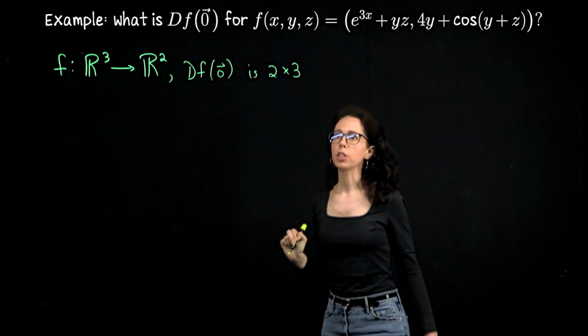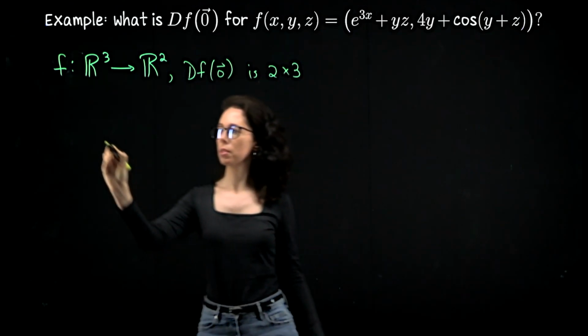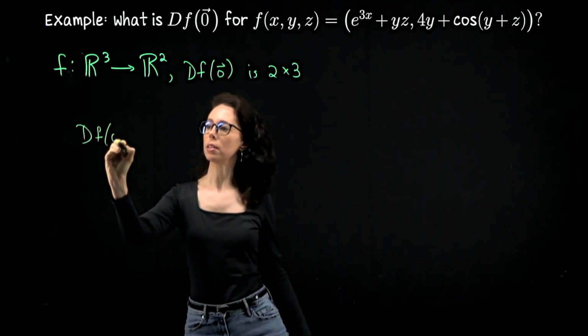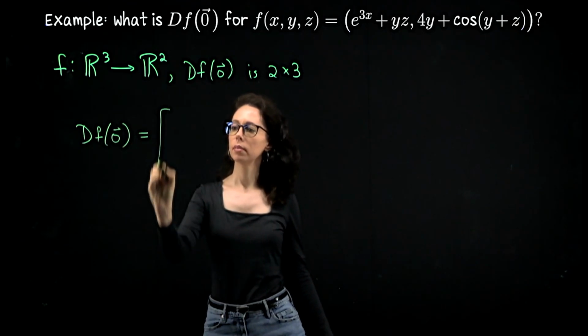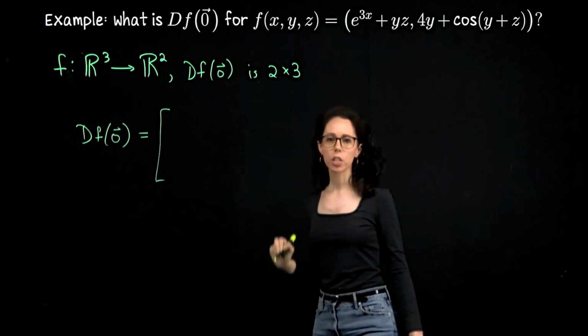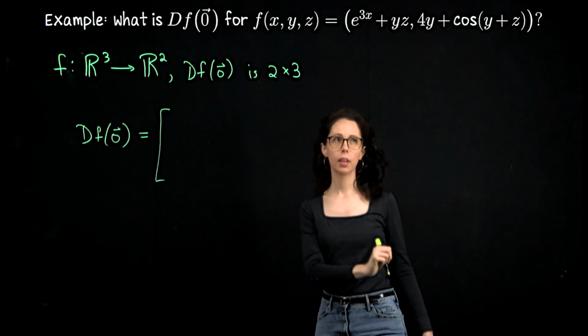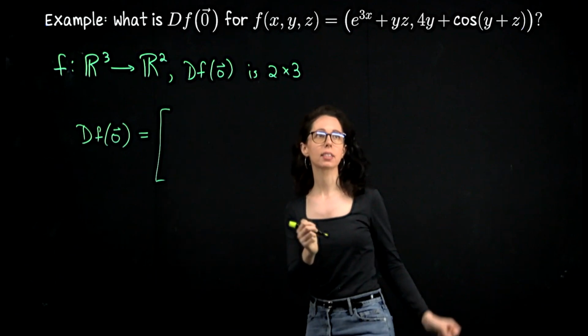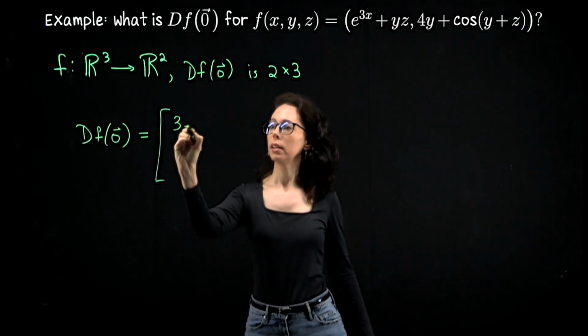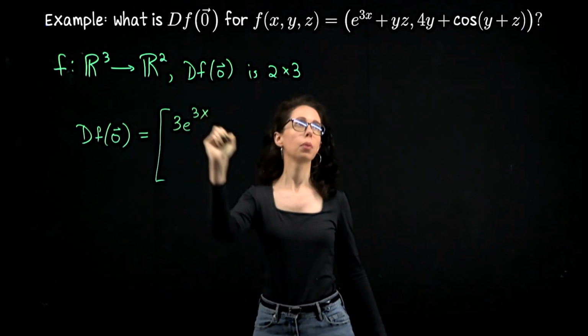All right, so let's write down that matrix. It's going to have 2 rows and 3 columns. We know exactly what we need to do. Differentiate the first coordinate function with respect to x, y, and z. So differentiation with respect to x gives us 3 e to the 3x plus 0.